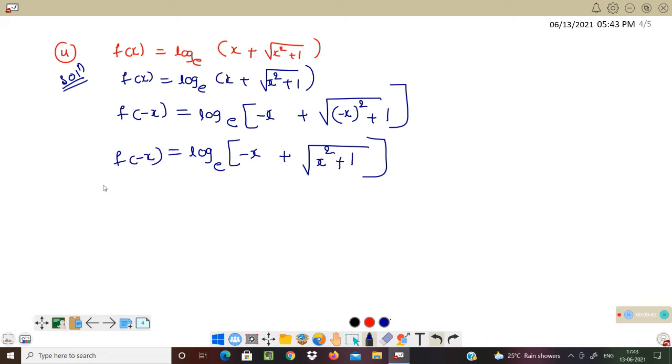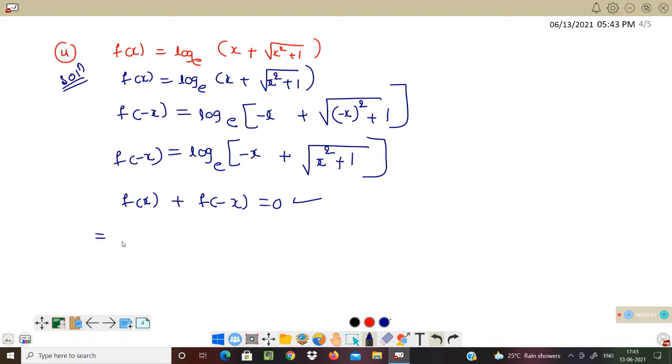So what we know, what is the definition? Definition which is nothing but f of x plus f of minus x is equal to 0. If it is true, then we can easily say the given function is an odd function. We know the f of x value. What is the f of x value? That is nothing but this one. Okay, just put those values here in this form.